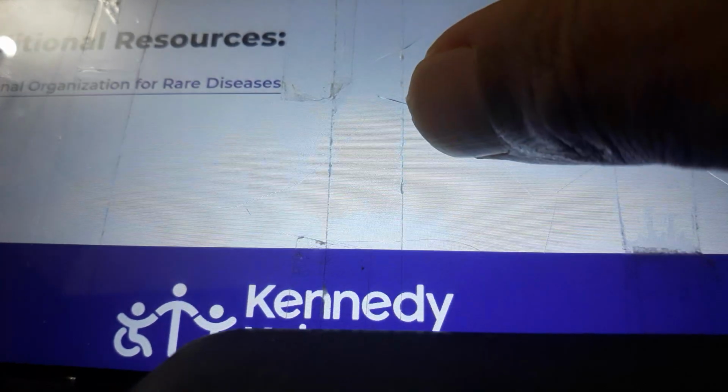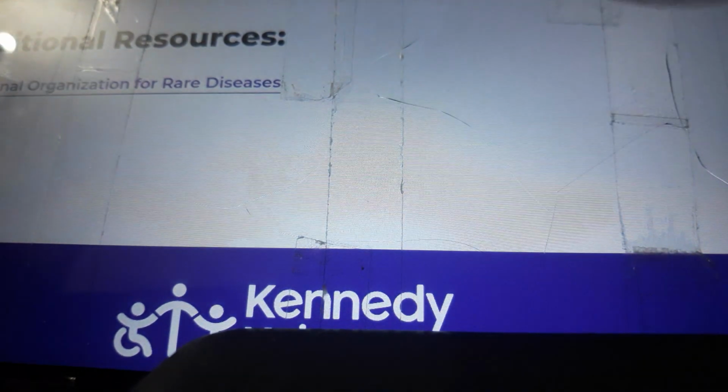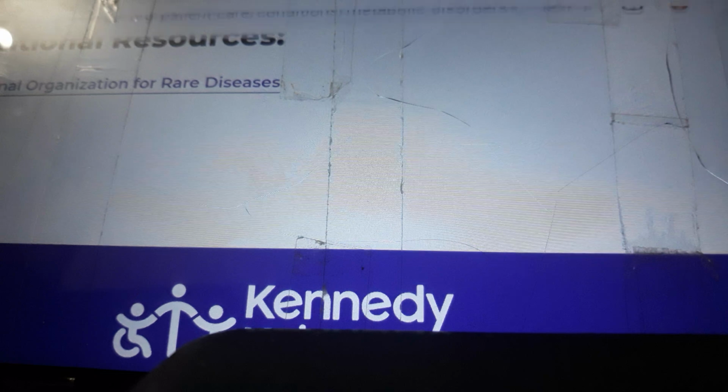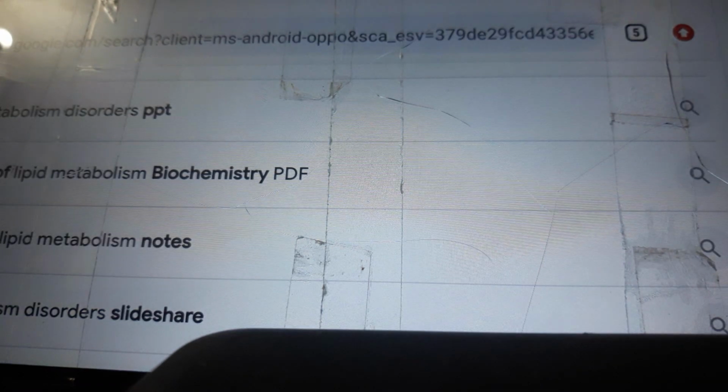You could refer to the National Organization for Rare Disorders for additional resources. So that's it about references and questions.